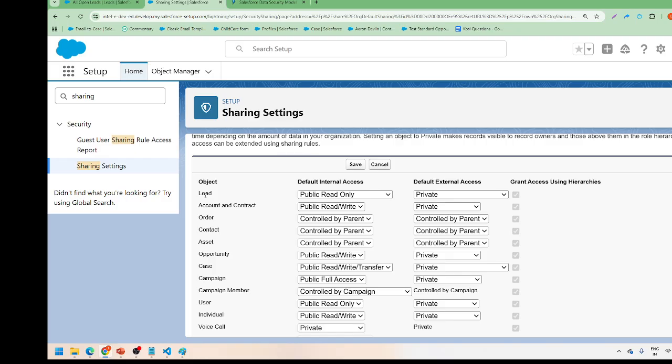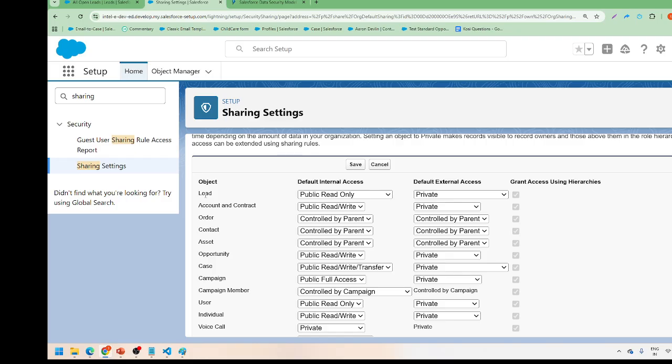I am not the owner of the record, I don't have any access to that record, but if my OWD is public read only, then I can see that record. I cannot delete it, I cannot edit it, but I can read that record.